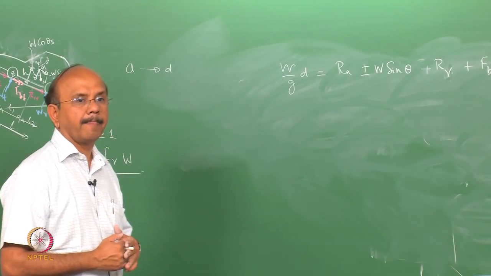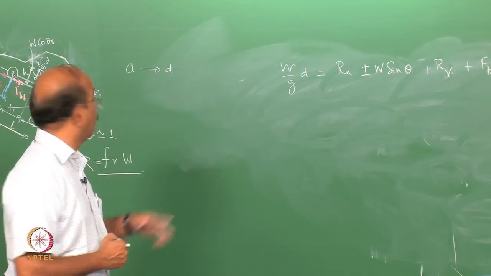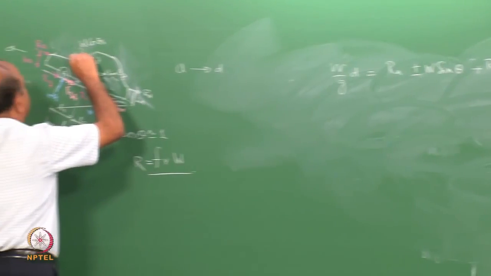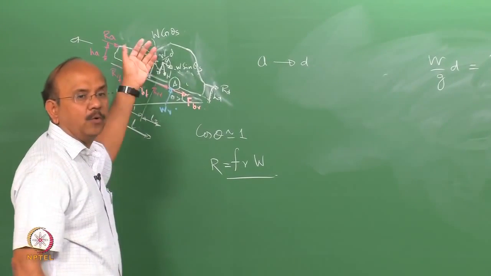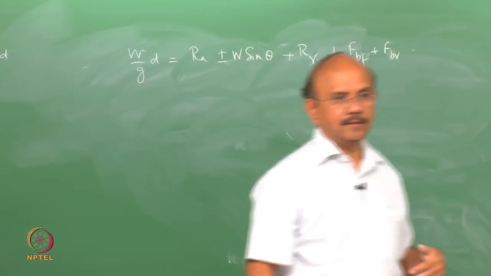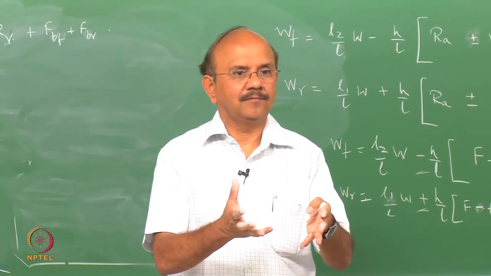Sir, if D is positive here, we are still accelerating upwards? No, that's the accelerating direction. I am now decelerating. I am braking, so I assume that I am decelerating.